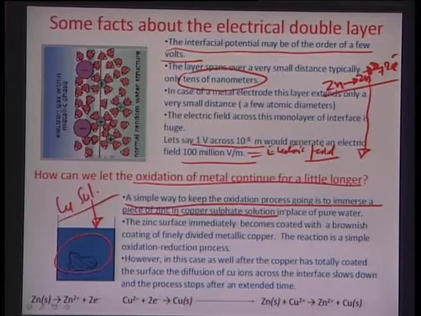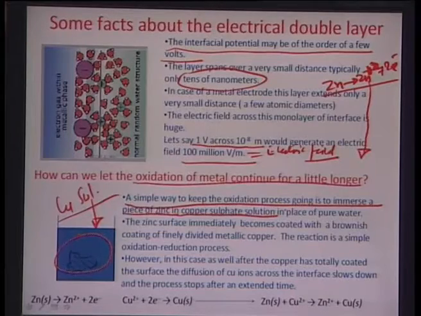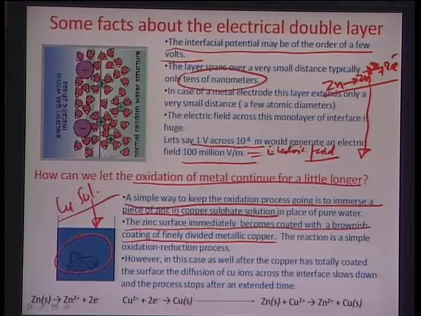This generates something called a redox couple. Let me first say what happens if zinc is dipped inside the copper sulphate solution. It immediately becomes coated with a brownish coating of finely divided metallic copper on the surface.